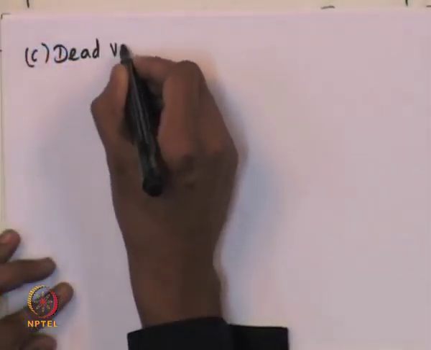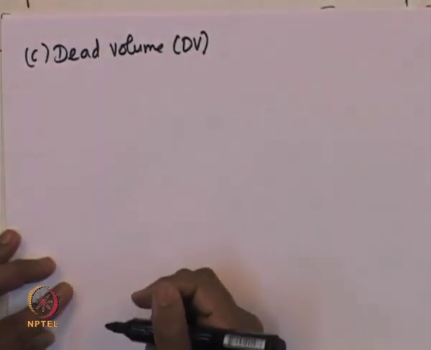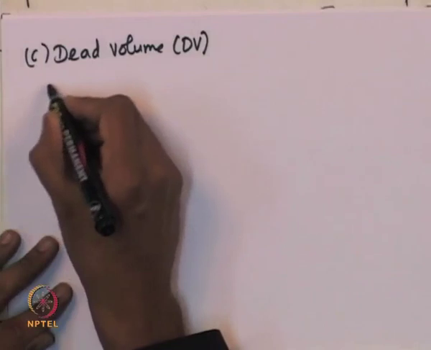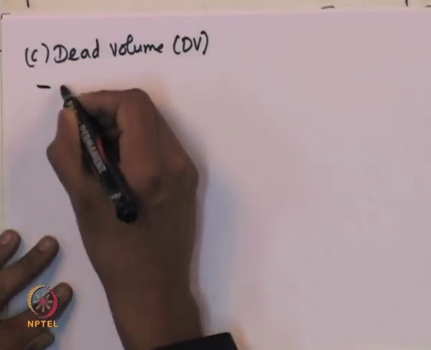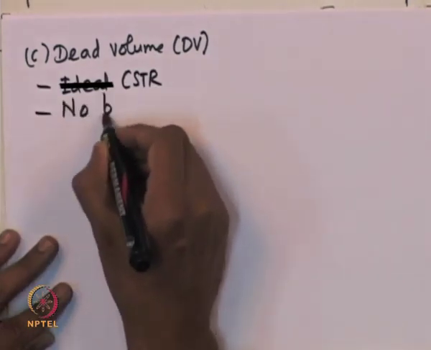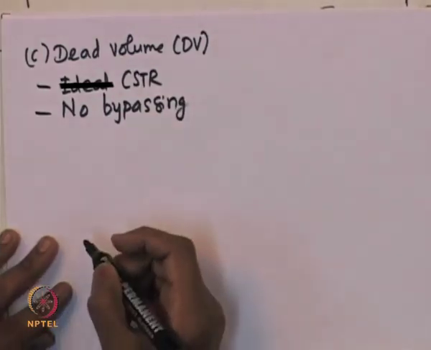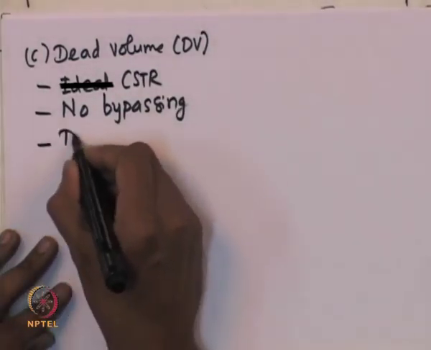So, the third mode of operation is what happens if there is dead volume present inside the tank reactor, inside the CSTR. Let us assume that it is a CSTR, there is no bypassing inside the reactor, and then there is some dead volume.